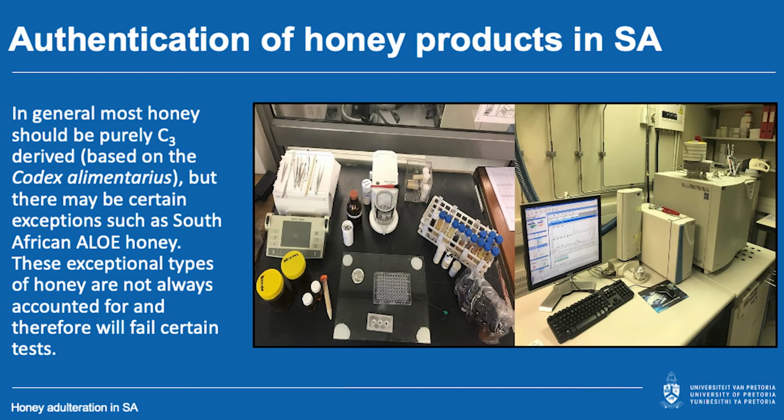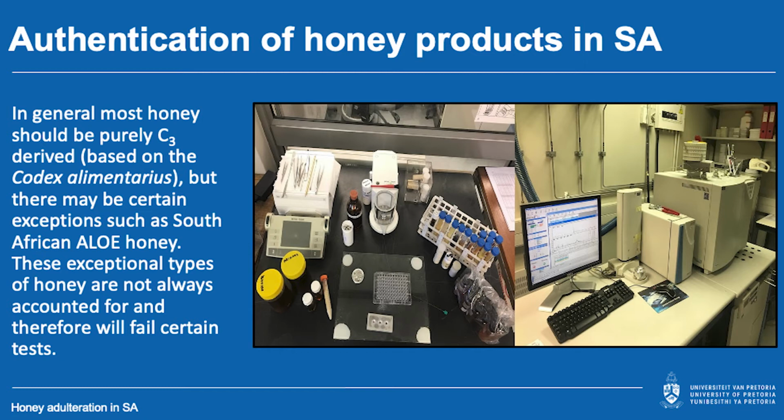All right. So in general, as I've mentioned earlier, most honey should be derived from purely C3 plants, and this is based on the Codex Alimentarius definition. But as I've mentioned earlier as well, there may be some exceptions, and this includes South African aloe honey.